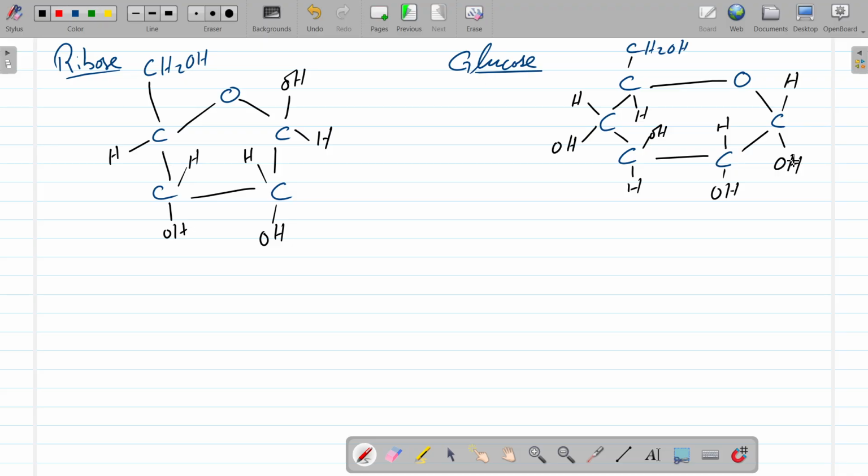And that is what a glucose molecule looks like.